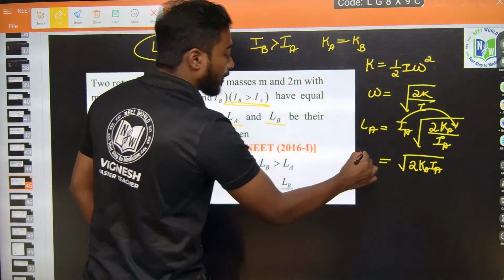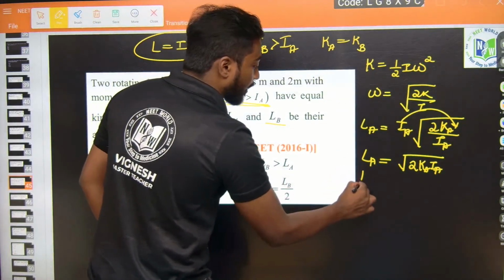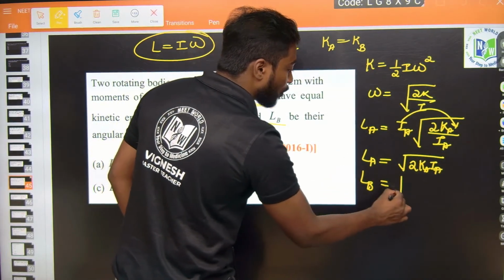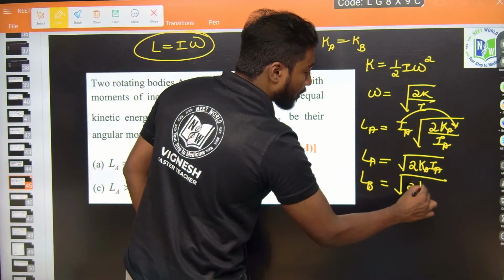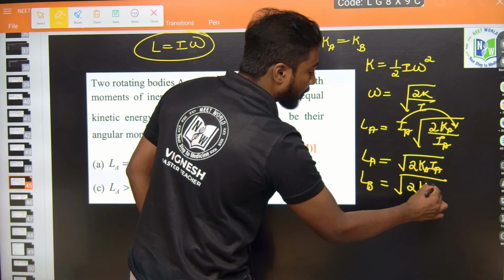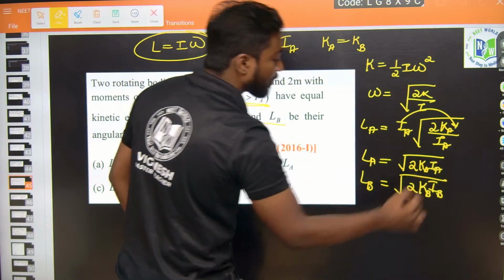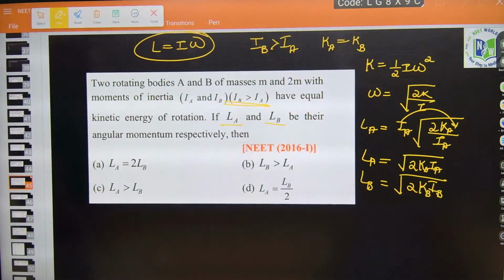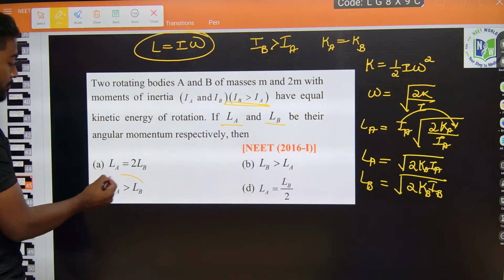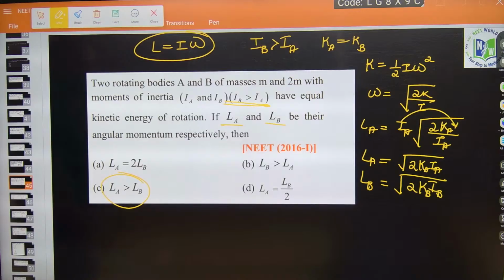This is for angular momentum A. For B it is root over 2KBIB. So these are the two relations I am getting. Now what will be the answer? Obviously the answer will be LA greater than LB.